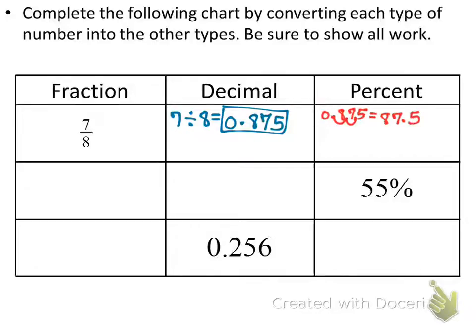And then if I'm changing it to a percent, what goes behind it? Percent sign. Another way that you can change a decimal to a percent is to times it by 100. Either way is acceptable. You just have to show me your work.